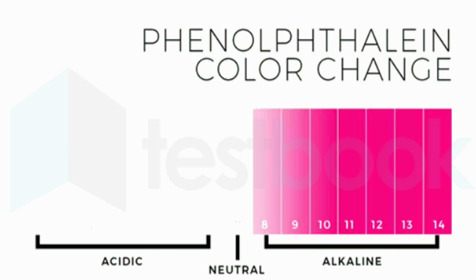So basically, phenolphthalein is colorless from acidic to neutral, and pink from neutral to alkaline pH.